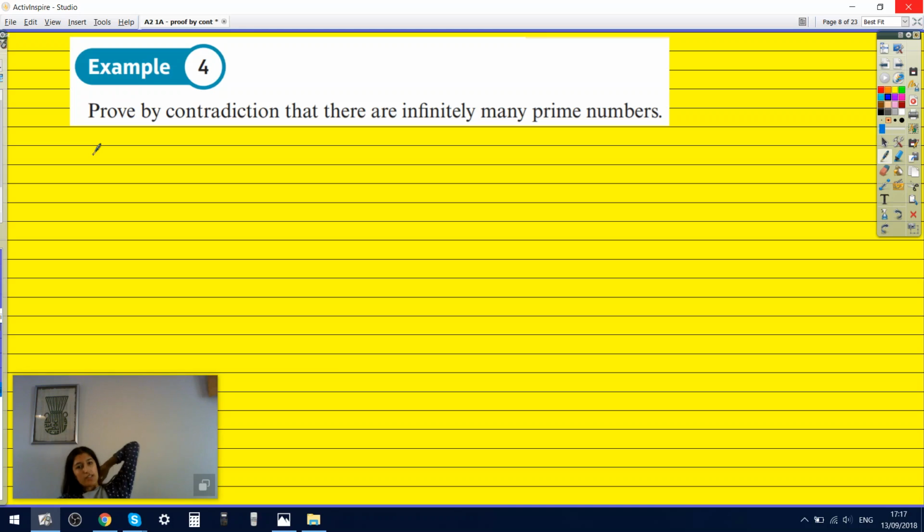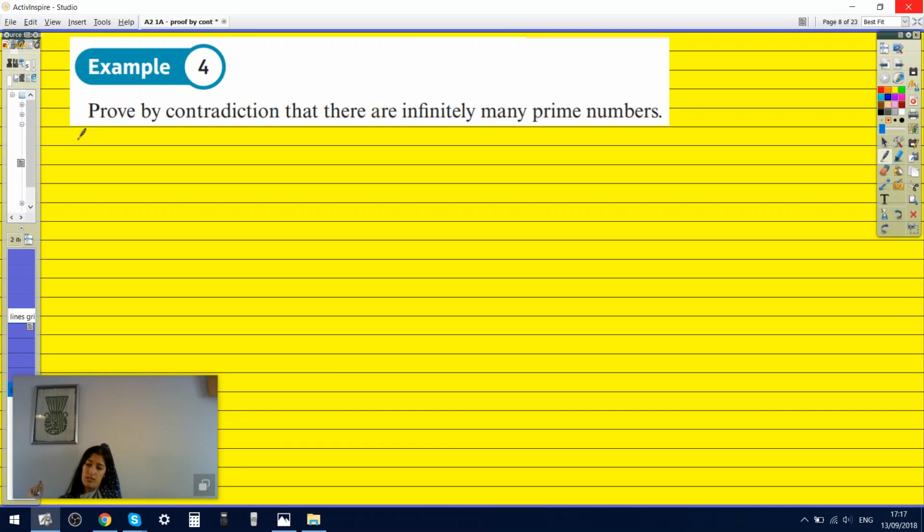Okay, so the negation statement is that there are finitely many prime numbers, and then you can list all the prime numbers, but just add one. So we say P1, P2, P3 are prime numbers. But if you add one, that makes it even, does it? If you add one to a prime number? It would, yeah.